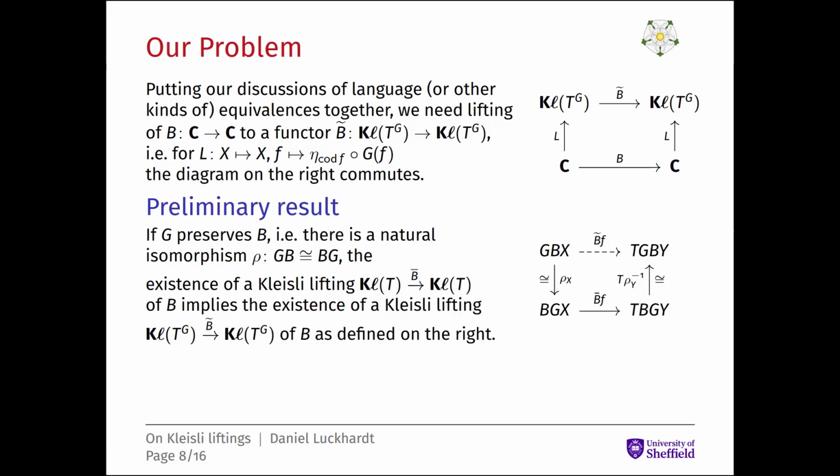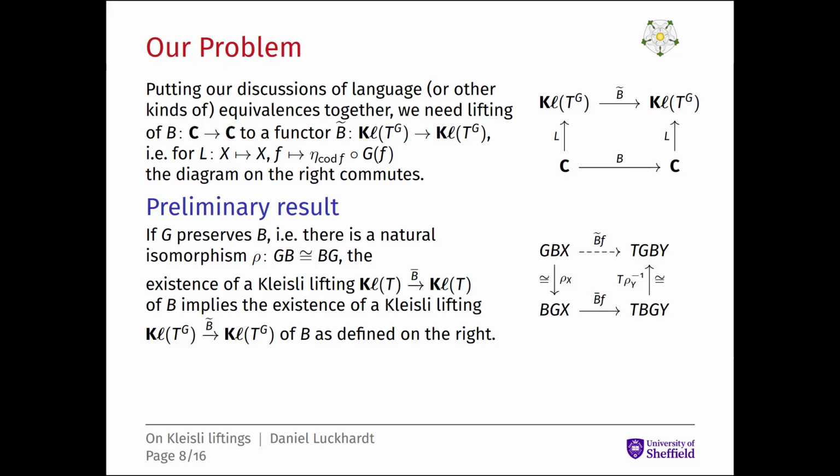There's a preliminary, an easy case. So if we assume that this G, by which we form the relative monad, commutes already with the endofunctor B, then we are done because we can define this B tilde, this extension, in that way.